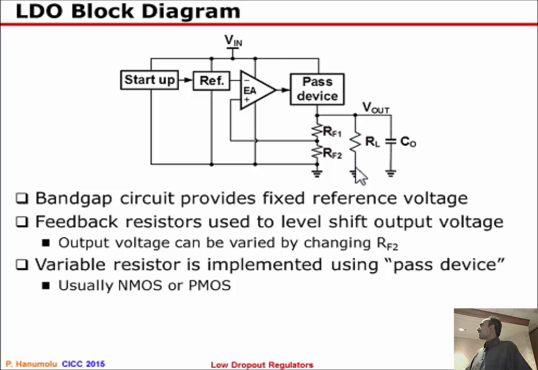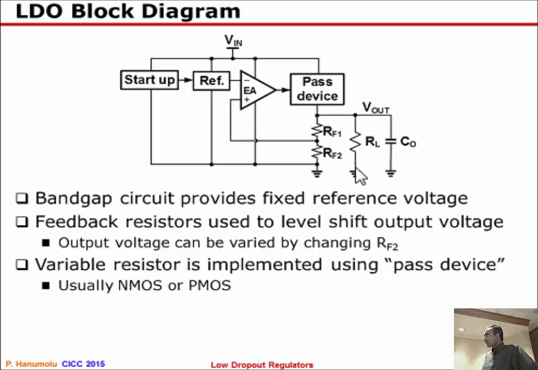The feedback resistors are typically chosen because this reference voltage is fixed. Perhaps you have a bandgap which provides you 1.2 volts, but this output voltage needs to be regulated to maybe 1.8 or 2 volts, in which case you just use the divider and vary one of the resistances, typically RF2, in order to generate the desired output voltage from a fixed reference voltage.